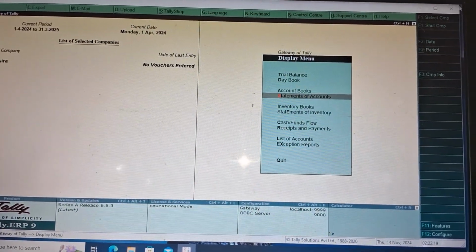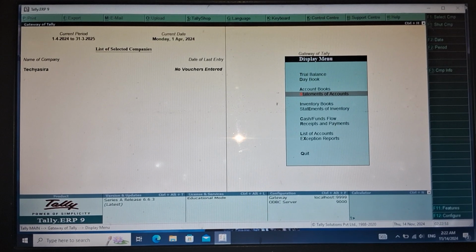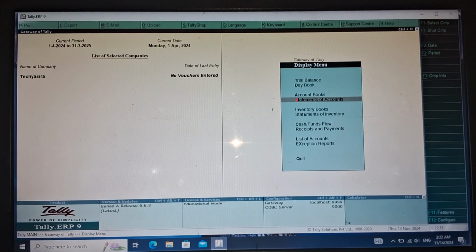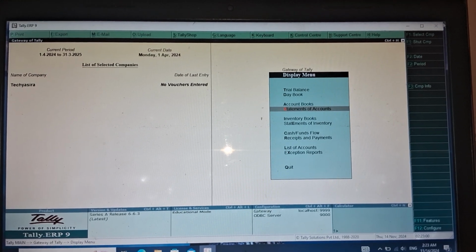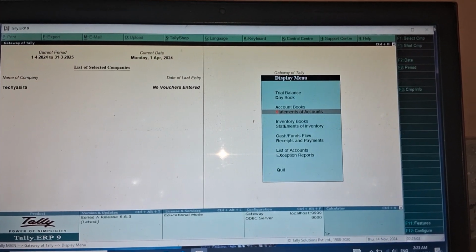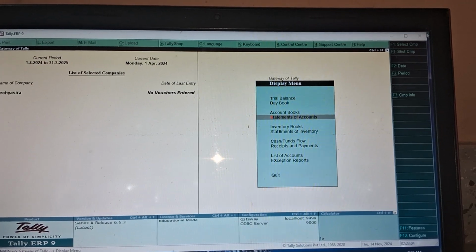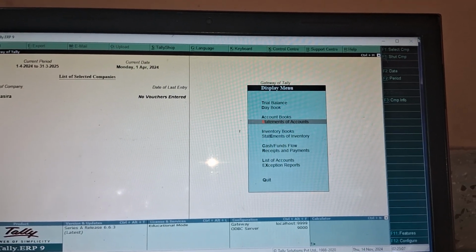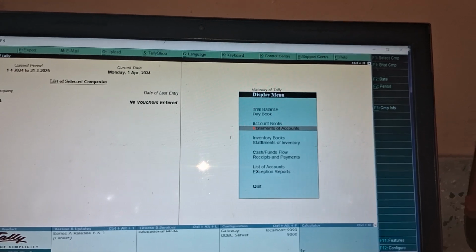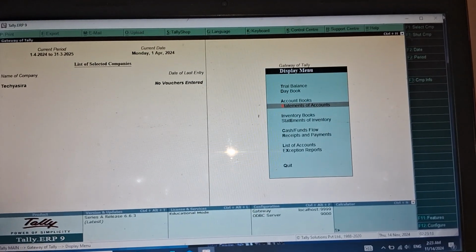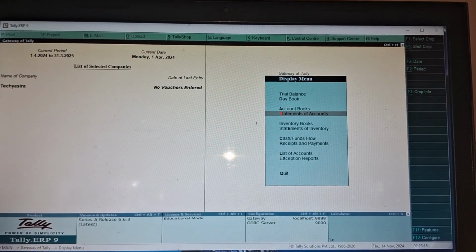Next is Statement of Accounts. What is a statement of accounts? Financial statements are formal records of the financial activities and position of a business, person, or other entity, whatever you want to know and get updated on. Relevant financial information is presented in a structured manner and in a form which is easy to understand.